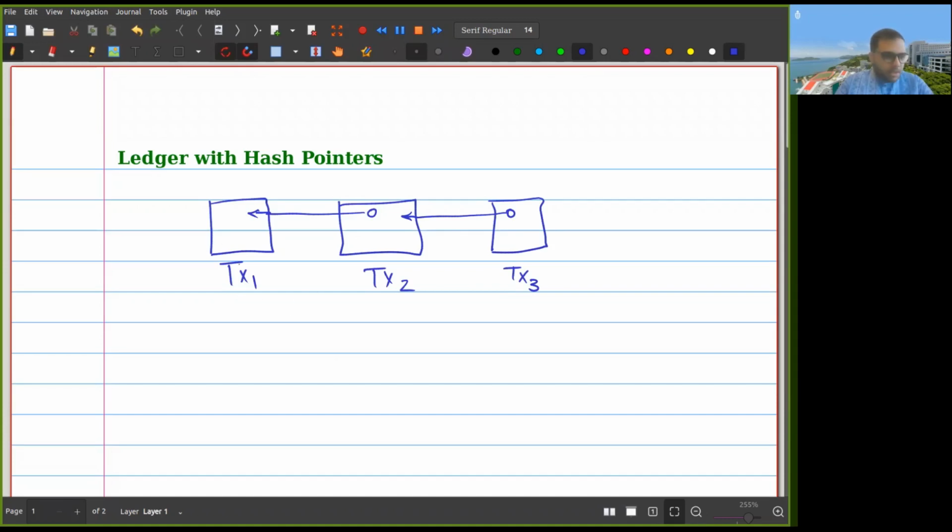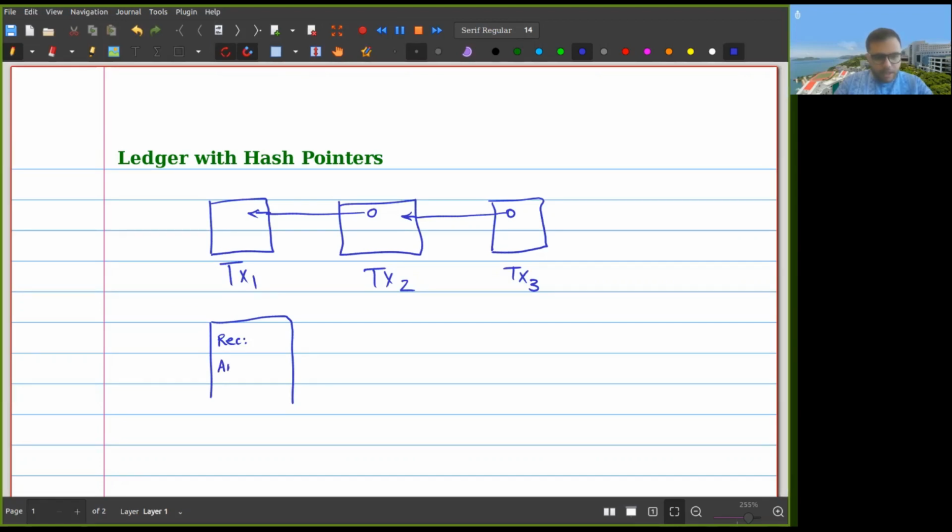So something that was a little bit vague for a lot of people was, why do I have to change transaction 2 if I change transaction 1? So here's the thing. Let's say that I create transaction 1, and let's say it has a bunch of fields in there. So it has, for example, a recipient.